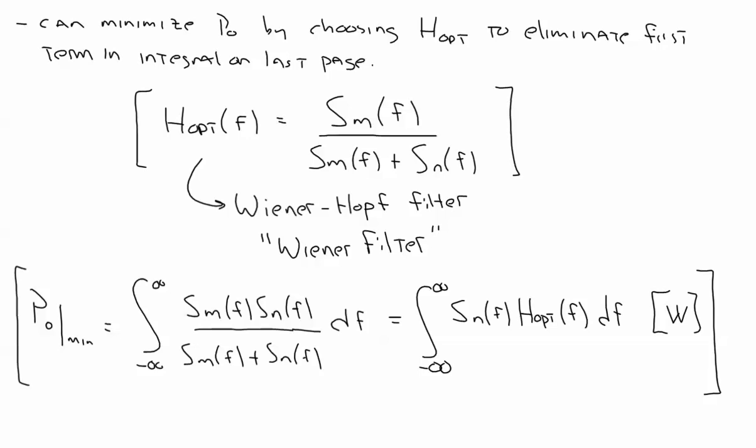Okay? All right, so let's do an example and take a look at how this might look. Let's assume I have a message power spectral density that looks something like that. That's a low pass signal.